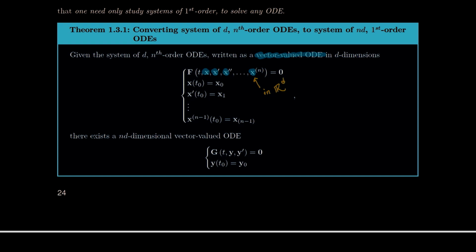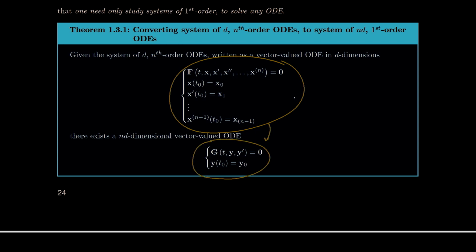I'm looking at the nth derivative of them, so that's why I have nth order, and I have d copies of it because they're in d-dimensional space. f involves all of the derivatives of these vectors together, and you get 0 out of it. But I can translate this entire system into a new system with a new function g, and g is special in that rather than the top derivative being the nth derivative, the top derivative in g is just the first derivative.